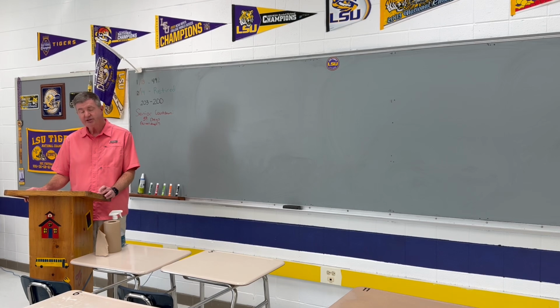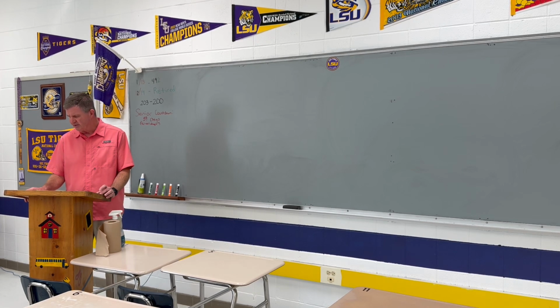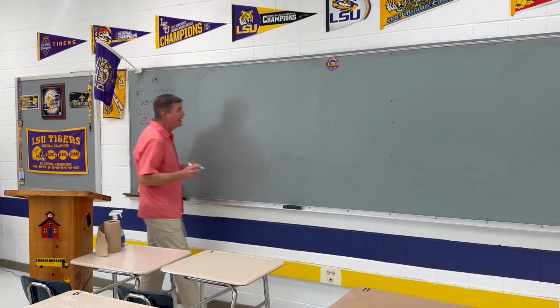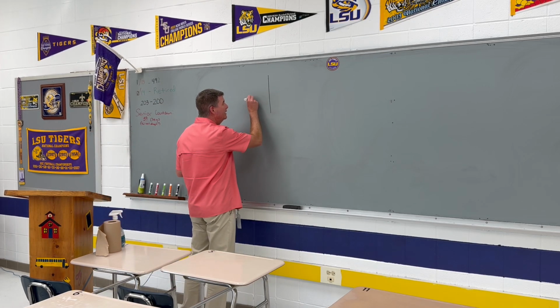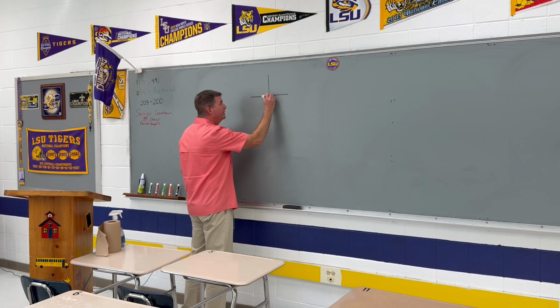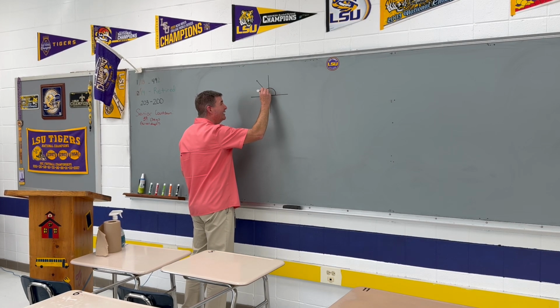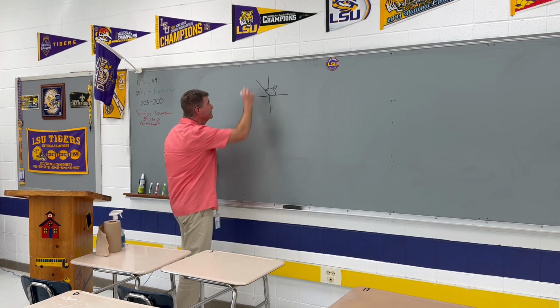This section is section 4.1, which is the trig functions of any angle. If we look at an angle where the terminal side of theta has a point, we've got angle theta, the terminal side is a point x comma y.